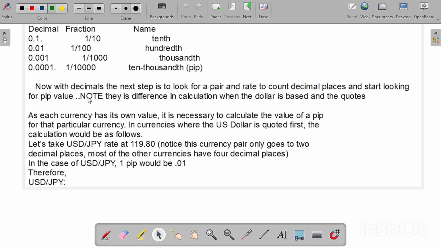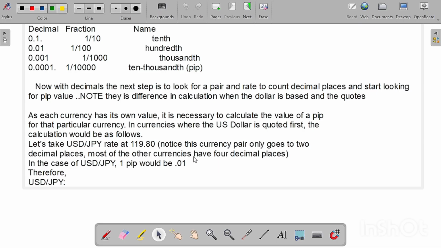As each currency has its own value, it is necessary to calculate the value of a pip for that particular currency. In currencies where the dollar is quoted first, the calculation would be as follows. Let's take USD JPY at 119.80. Notice this currency pair only has 2 decimal places.